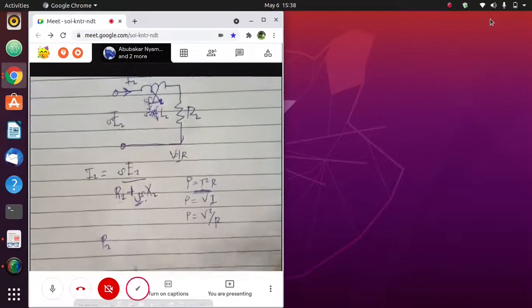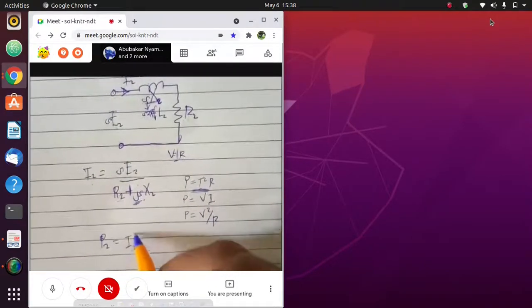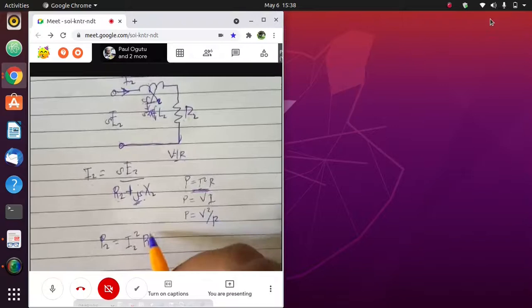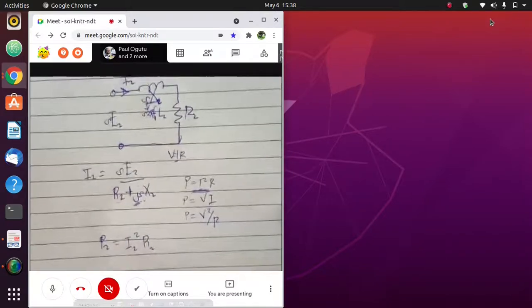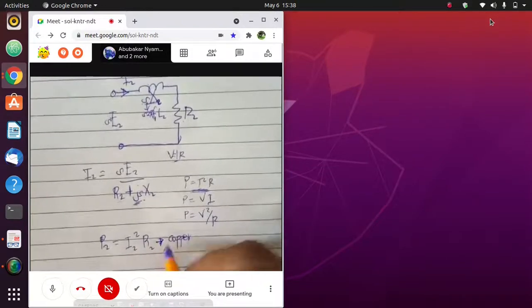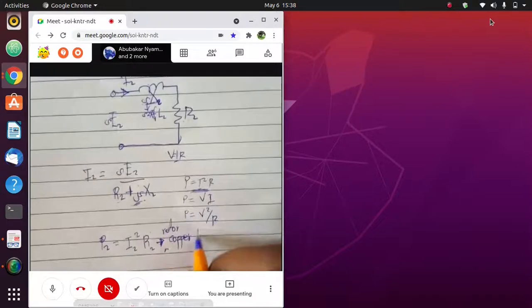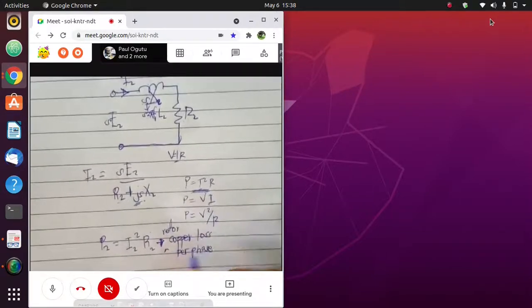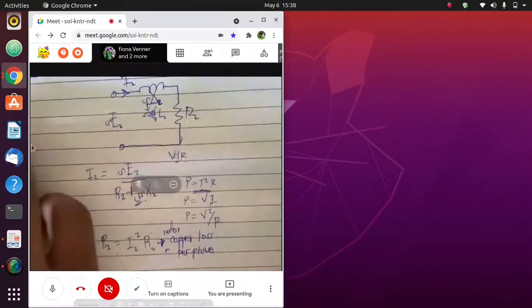The power in the rotor circuit will be I2 squared times R2. And this power represents rotor copper losses per phase. This P2 is the rotor copper losses per phase. Are you together?